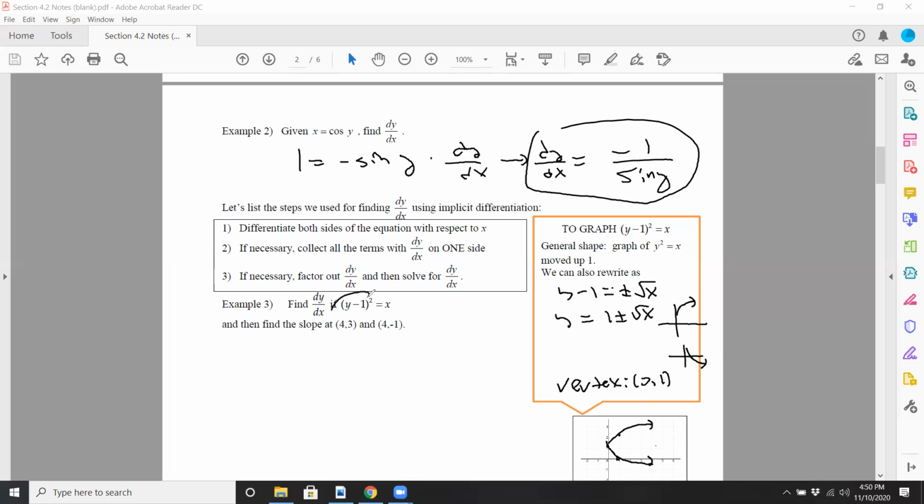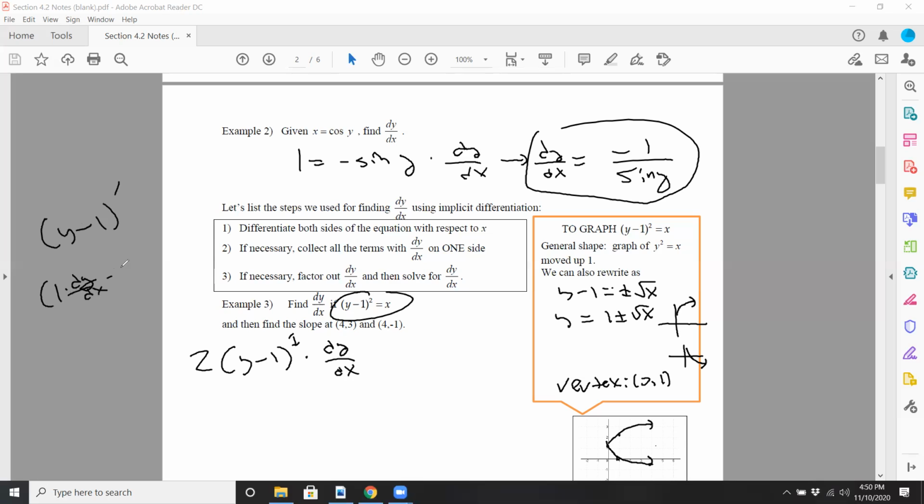So if I take derivative both sides here, you move the 2 to the front, 2 times y minus 1 raised to the 1 power, times derivative of the inside. The derivative of y minus 1 is just 1, but times dy dx. Remember, y minus 1, if I do that derivative, that's going to be 1, but then you got to say dy dx.